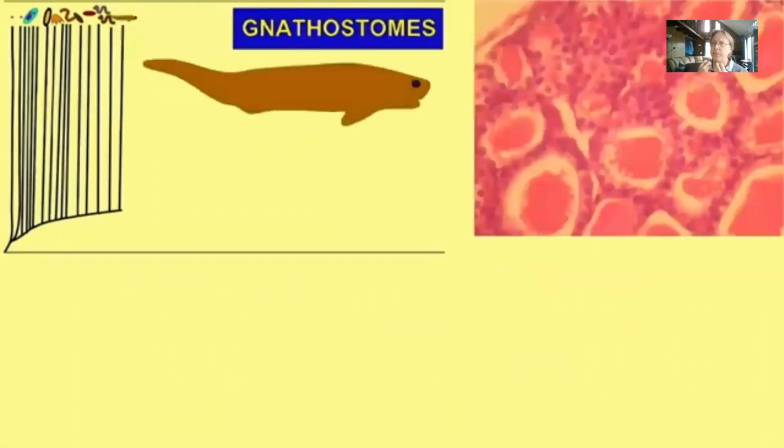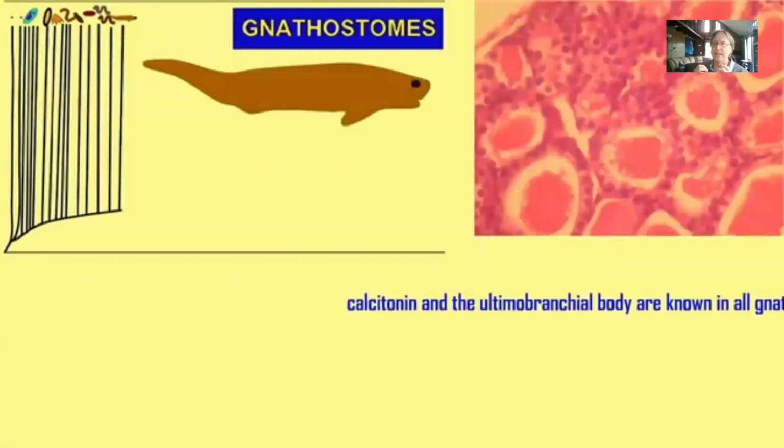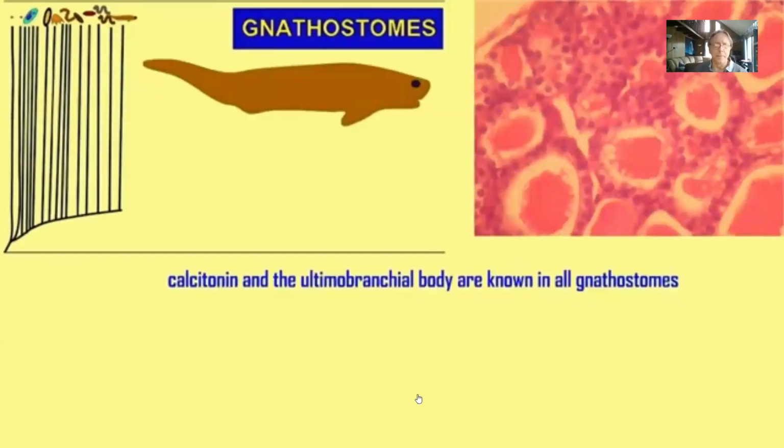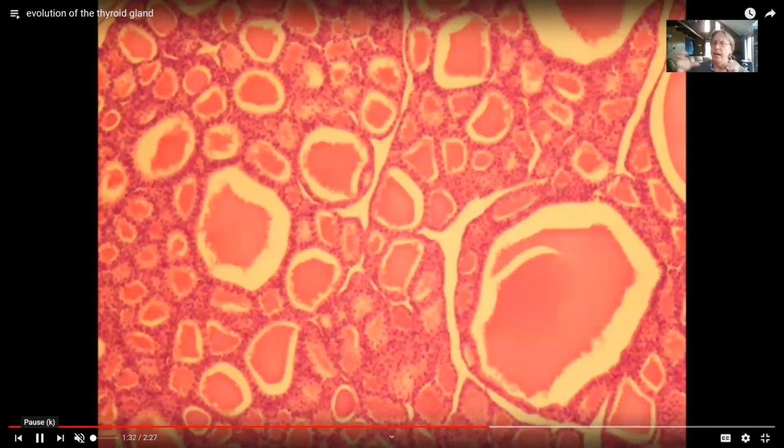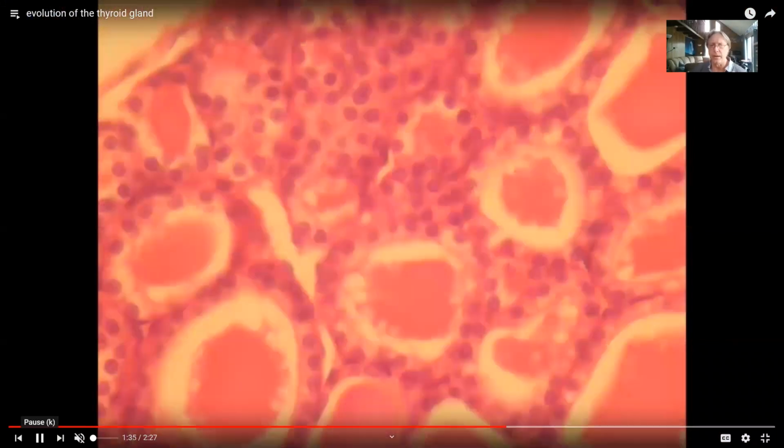And some of the reorganization of this area ends up putting the cells which are making calcitonin and the cells which are making thyroxine together. And so the thyroid gland started off as different masses of cells. And in jawed vertebrates, those two masses of cells making calcitonin and the thyroid hormone thyroxine end up in the same place.